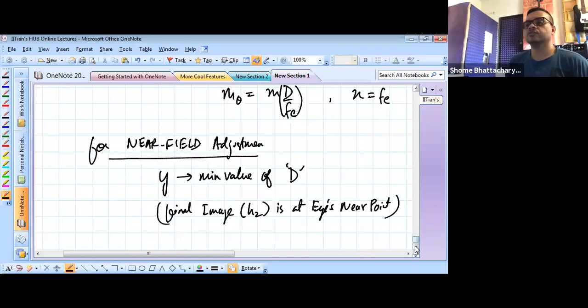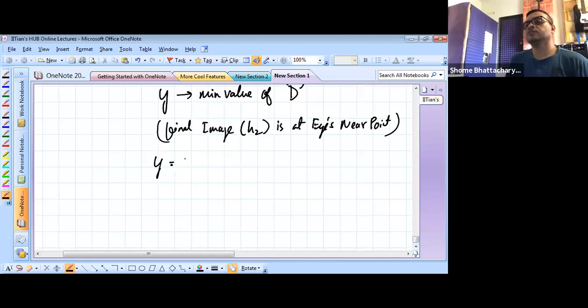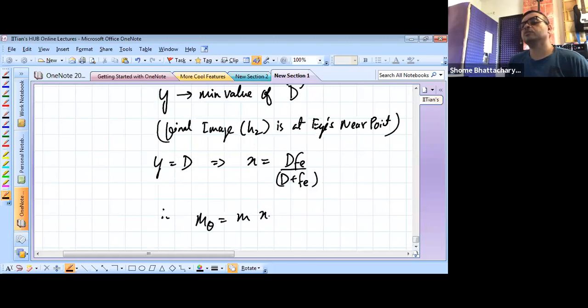For that to happen, y is equal to D, which means x is equal to this, because that was the relation between x and y. So our angular magnification will become m into D by x, which becomes m into 1 plus D by x.